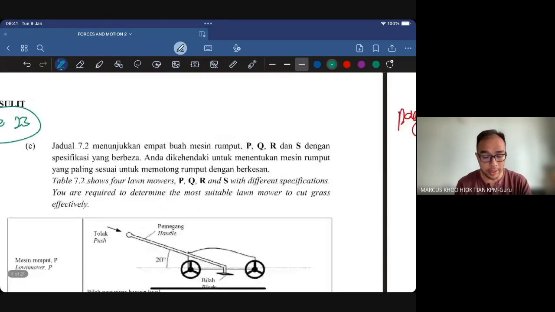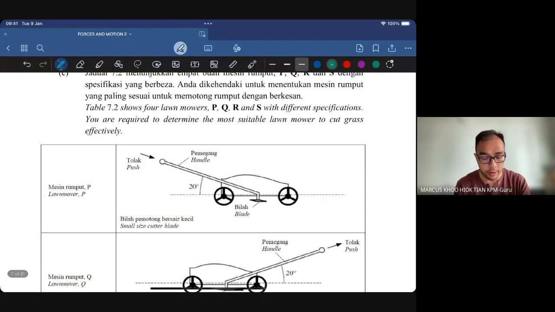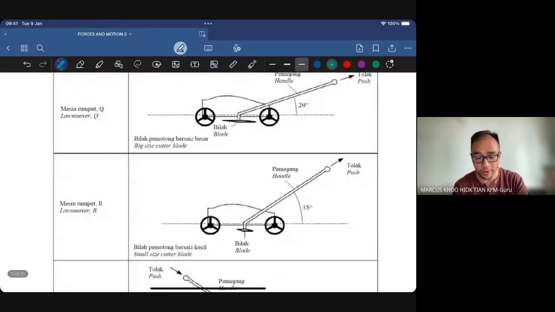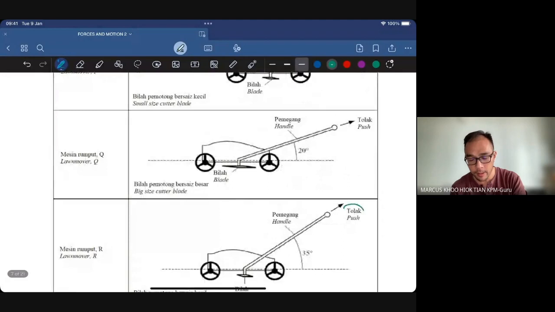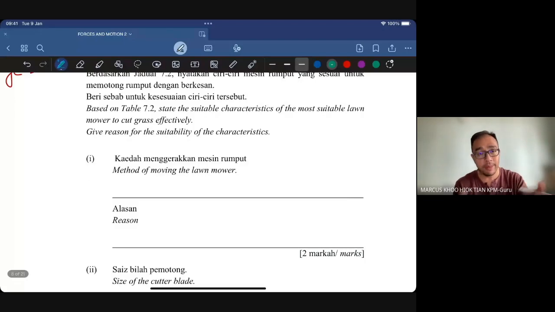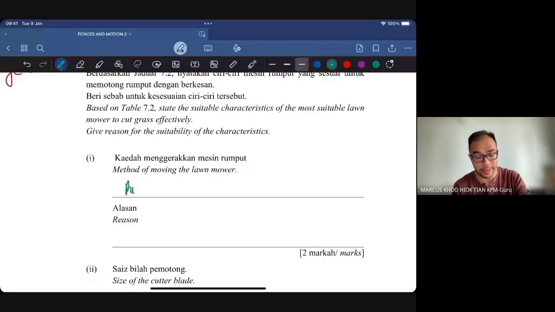There are two methods of moving. Either you're pushing or you're pulling. But either way, the better method is the push method.